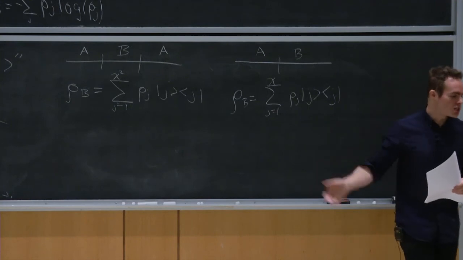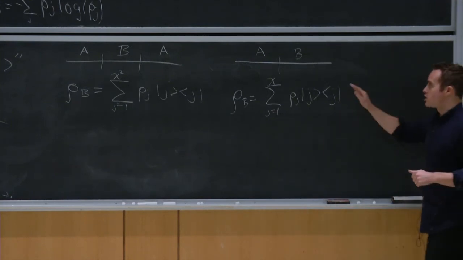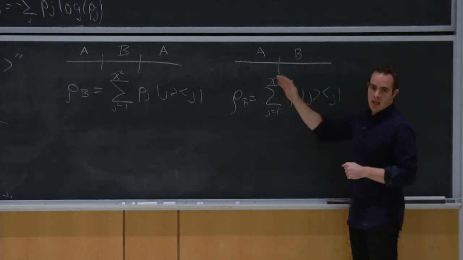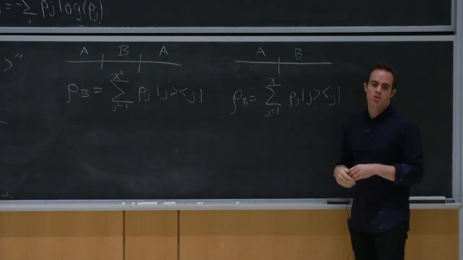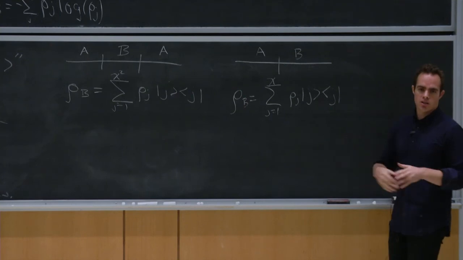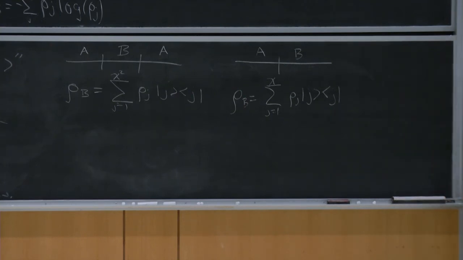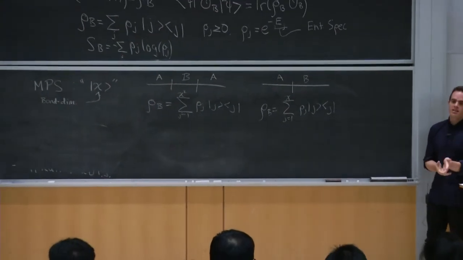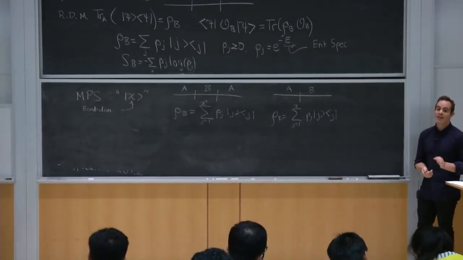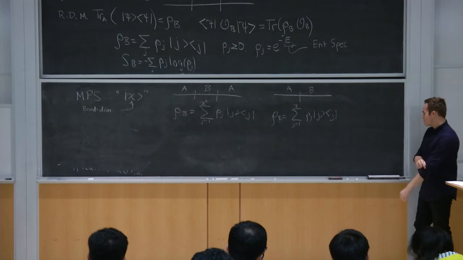And if you massage this definition a little bit and ensure that this is true for any particular entanglement cut, that's actually equivalent to the definition of matrix product states in terms of tensors and so on. But conceptually, I'd like you to think about it this way: it's the variational class in which any entanglement cut has no more than chi non-zero entanglement eigenvalues.